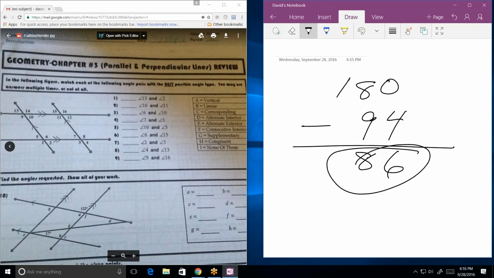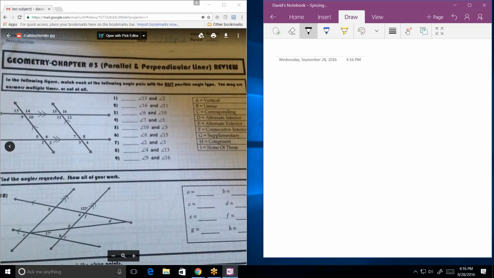So I can do it in my head almost. I don't really need a calculator to do it. And if you can do these problems without a calculator, you're way better off. And only because you have to do them so often. There's few things in math you're going to have to do more often than subtracting a number from 180.